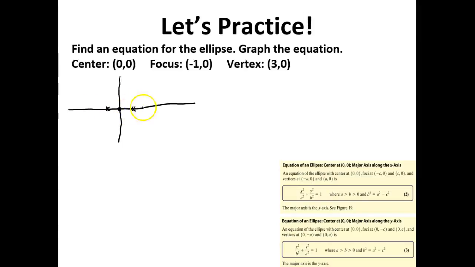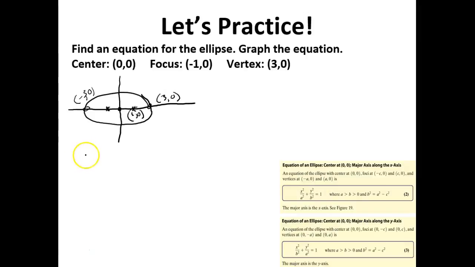A vertex is at 3, 0, so we have a vertex here, a vertex here, and then we're going to have something like this. So 2 foci, 2 vertices, like that.